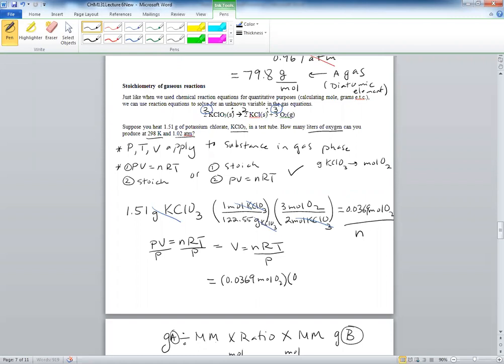Remember, R is 0.0821, that's the constant. And then T is given to you right here. It is 298. Divided by the pressure, which is 1.02 atm.